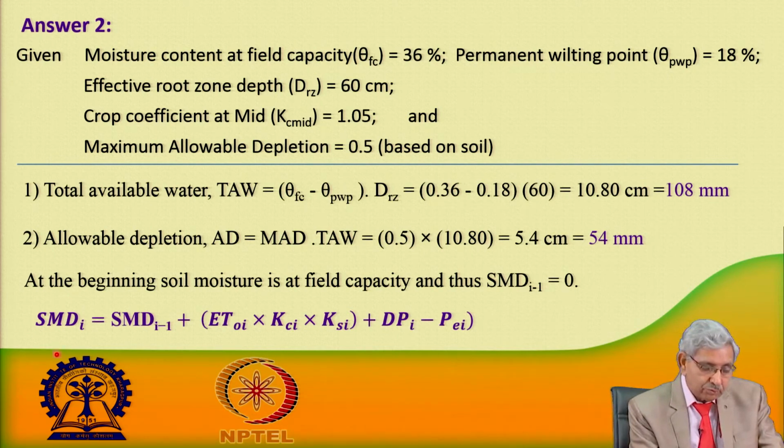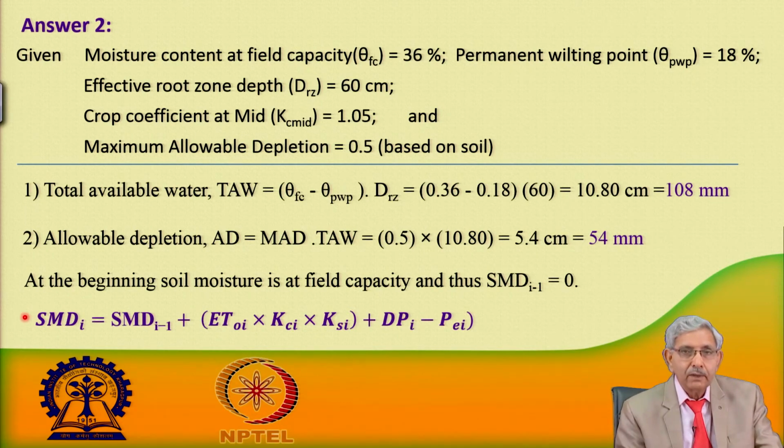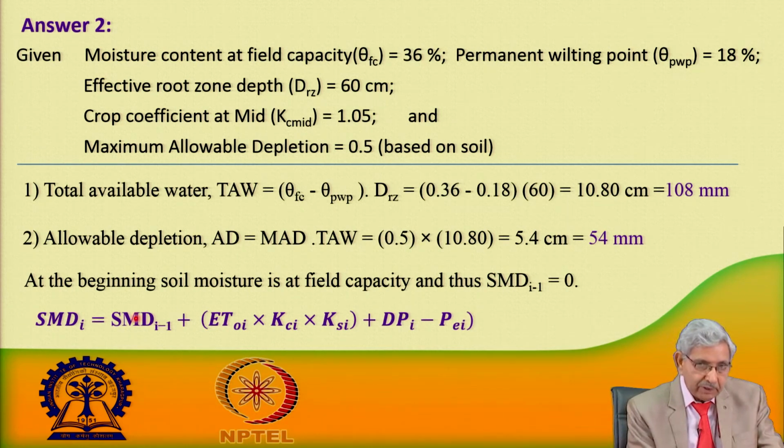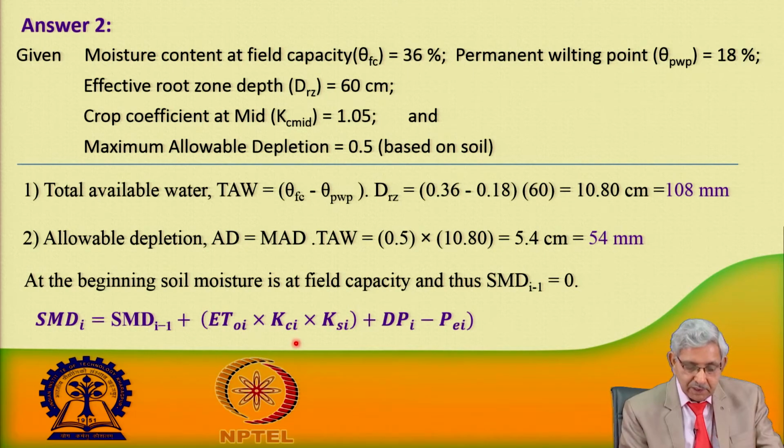So, soil moisture depletion at ith day can be given by soil moisture depletion in the previous day plus ET naught on a particular day times Kc of ith day, Ks, that is the crop stress coefficient on ith day, plus deep percolation loss on ith day. So, this is given as 0 and precipitation values for the 10 days period are available.